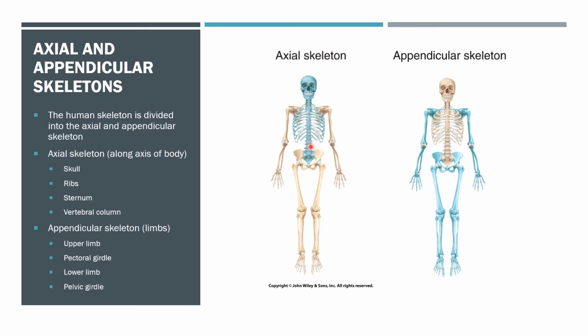The appendicular skeleton is the bony elements of the limbs. So it consists of bones that form the upper limb. They consist of the pectoral girdle. It consists of bones that form the lower limb, and it consists of the pelvic girdle.